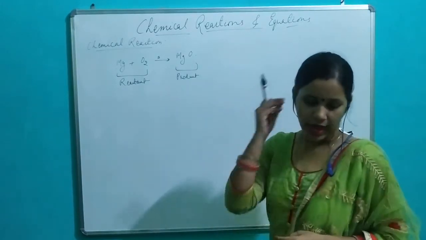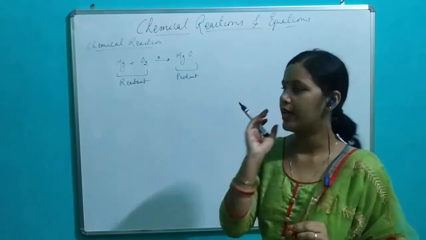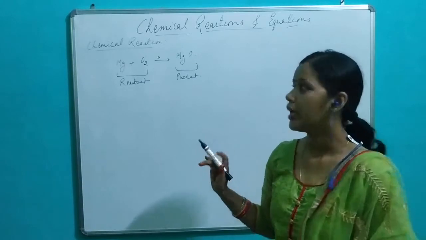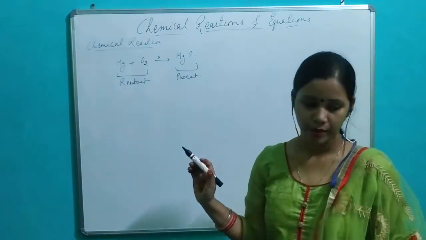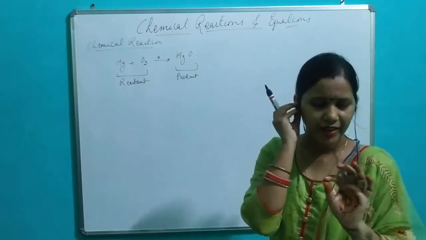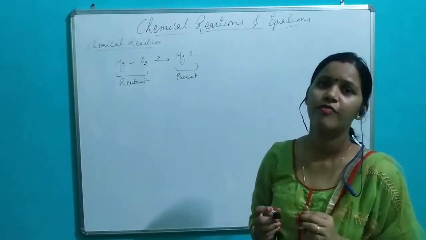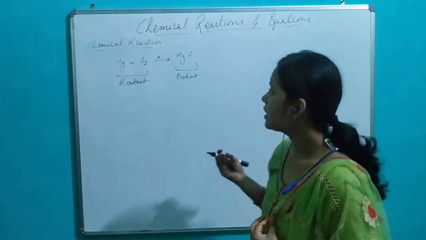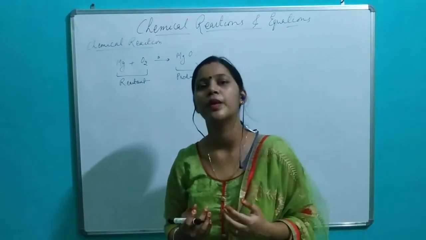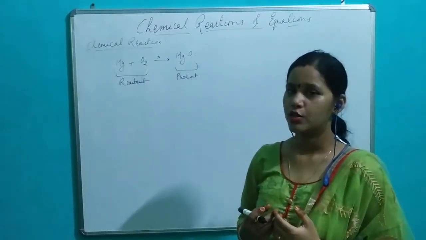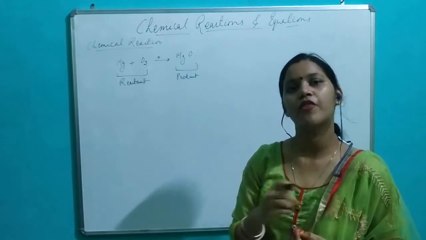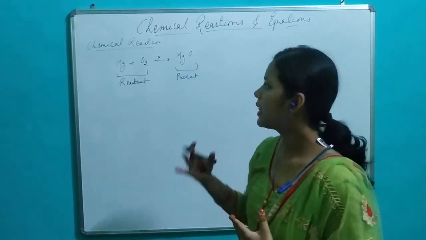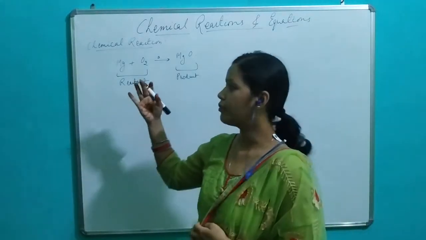Now, the burning of magnesium in air is one such example. This magnesium ribbon has a basic coating of magnesium carbonate on its surface, and that is why, before burning it in oxygen, it has to be rubbed with sandpaper, and then it is burned in the presence of oxygen.